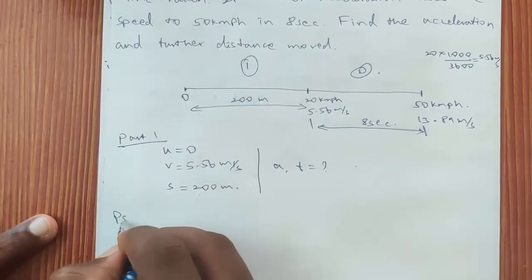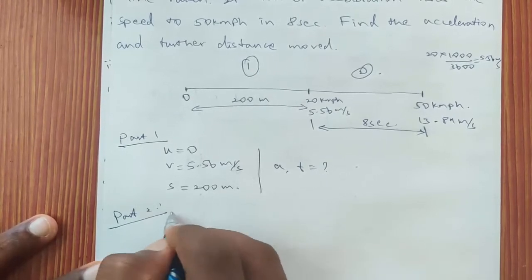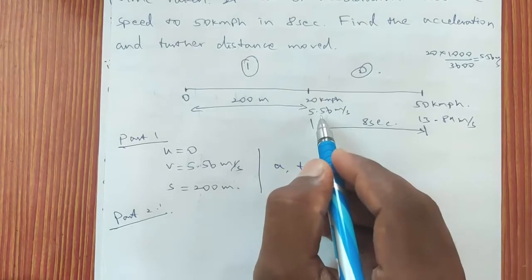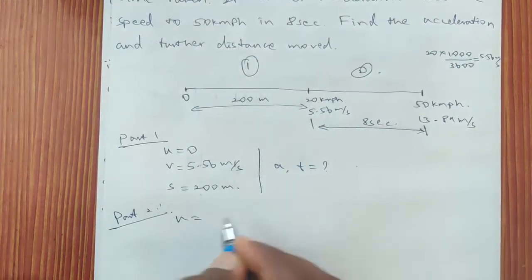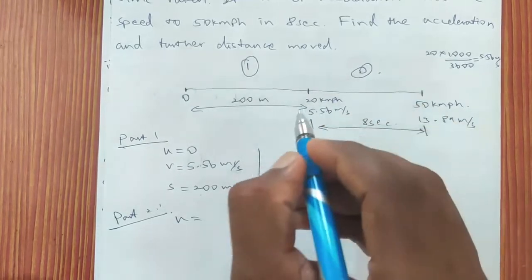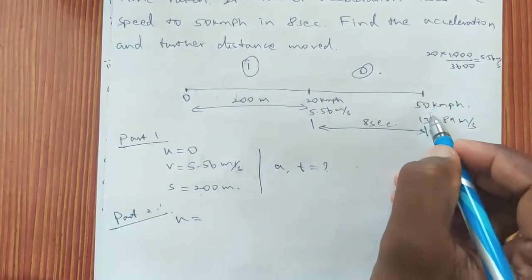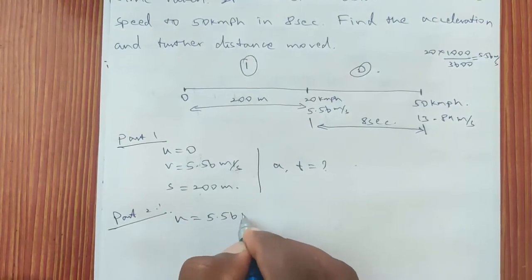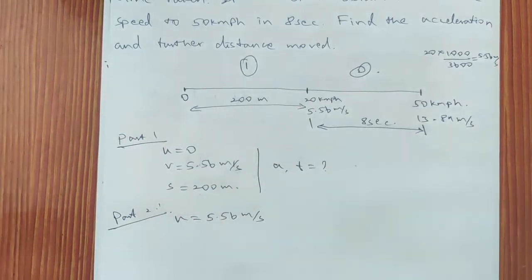Then part 2. So this is part 2, and for part 2 the initial velocity is here. In part 2 the vehicle starts from here to here. So u is 5.56 meters per second. That is very important.